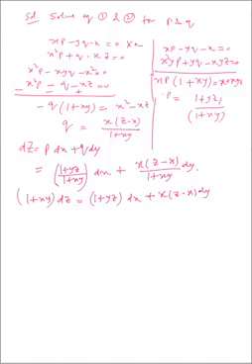Now we rearrange the terms on right hand side. We take z common, so y dx, and from here x dy from this term, plus dx and minus x square dy.